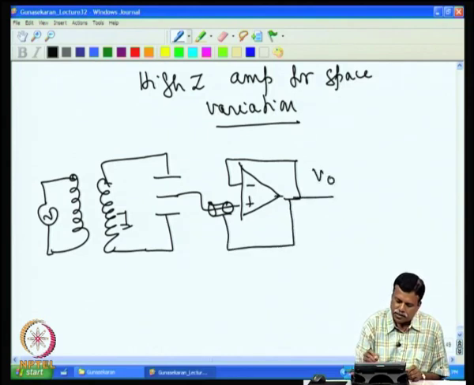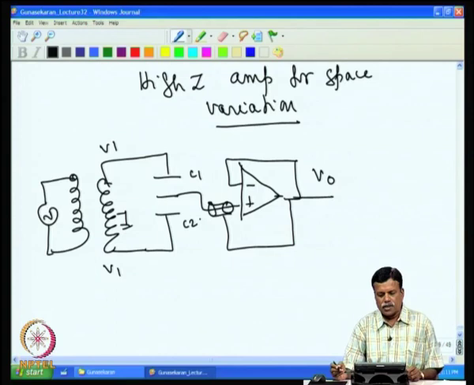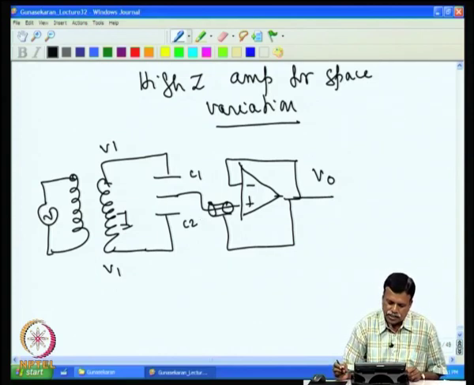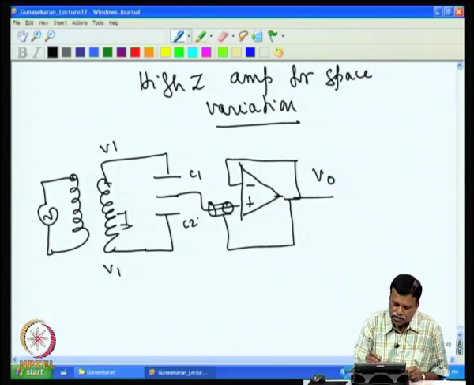That is coming as V1, V0, and then V1, and then we will have C1 here and C2 here. Now, this also can be analyzed in the same form, and we can show that it is also not linear, because we can write the same voltage equation by using the superposition theorem.